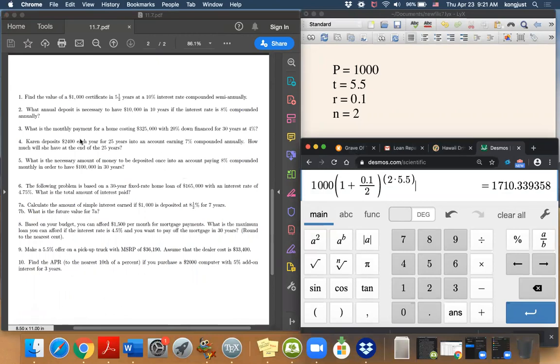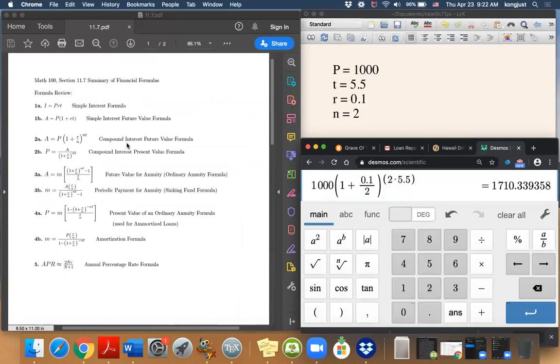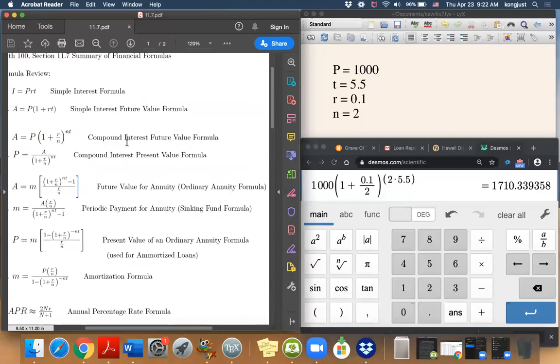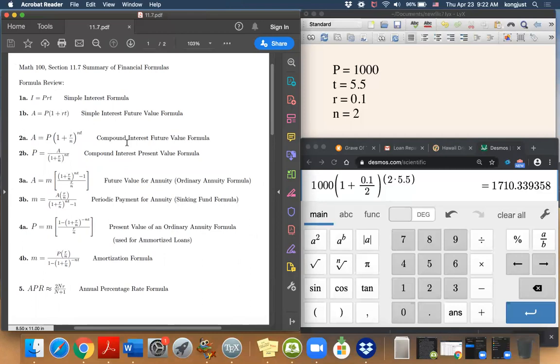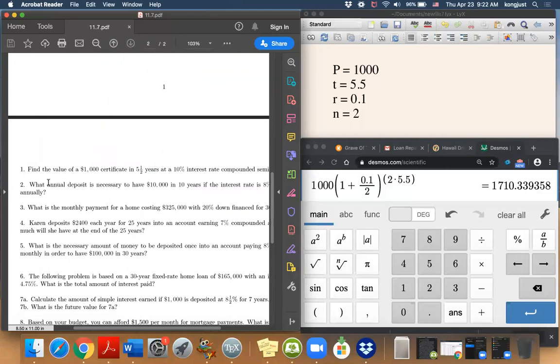Okay, number 2 then. What annual deposit is necessary to have $10,000 in 10 years? The interest rate is 8% compounded annually. Okay, so which situation do you think this is? Future value? Compound interest? It says what annual deposit.